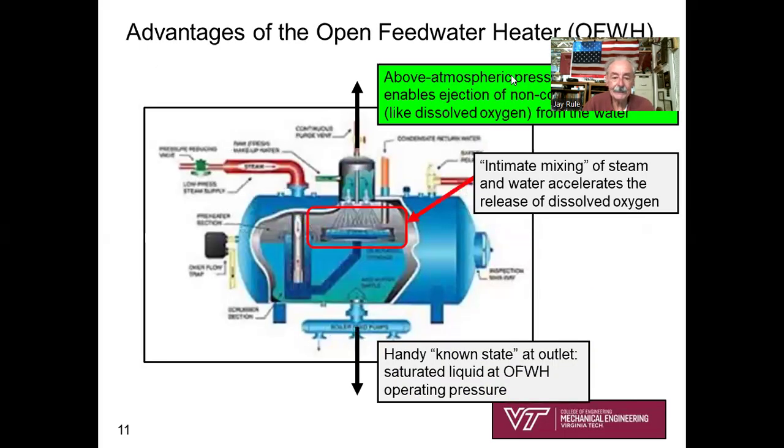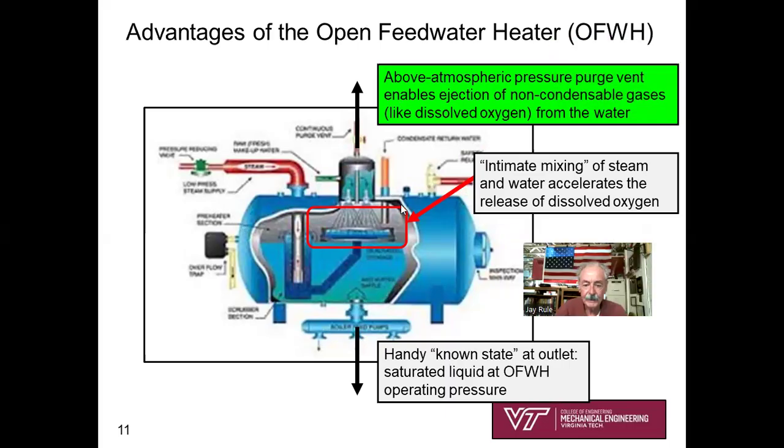Another really neat advantage to this open feed water heater that is higher than atmospheric pressure is that there is a purge vent, and it's a small pipe that simply goes up through the roof to the atmosphere. What that does is it takes a small stream of this saturated vapor, which may contain some dissolved oxygen, so let's say from the tap, right?